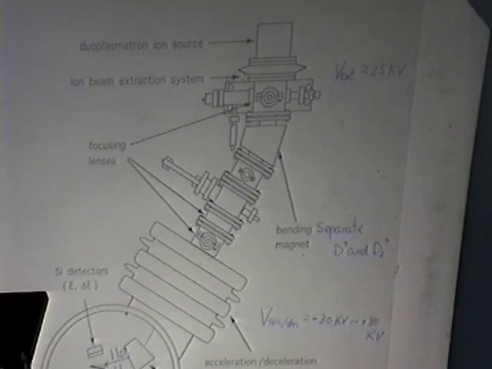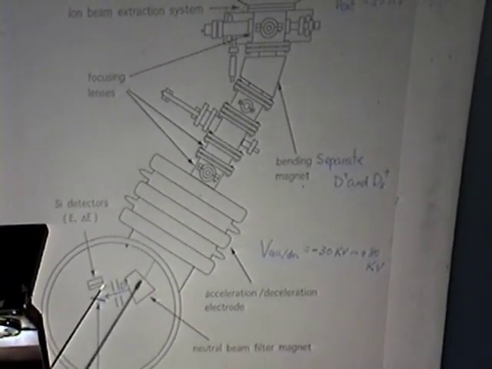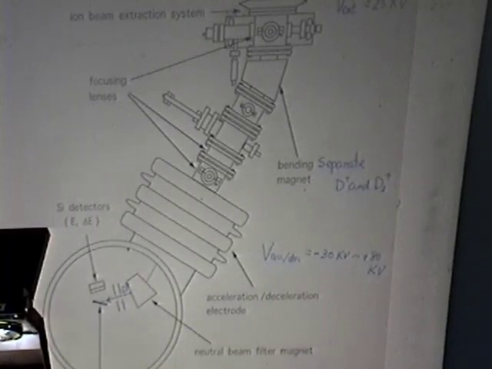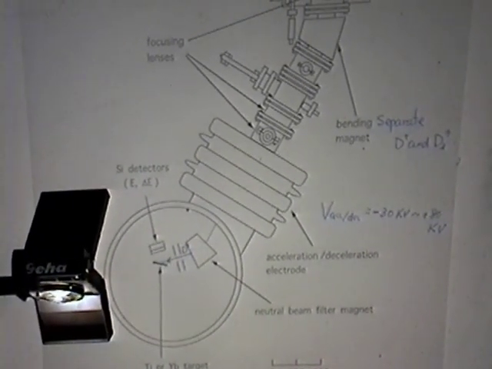So we put the neutral beam filter magnet over here to separate the very high energy neutral atomic beams. Then all the deuterium beam is D plus, a very low energy D plus beam.